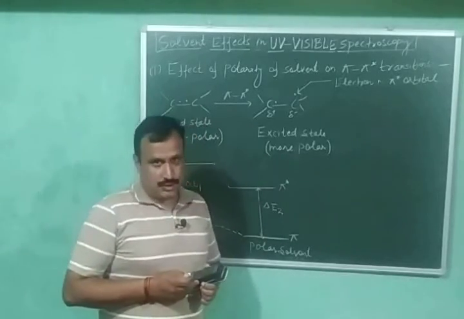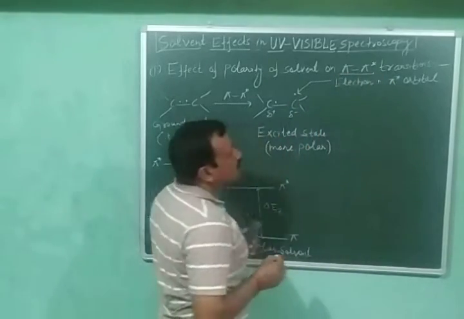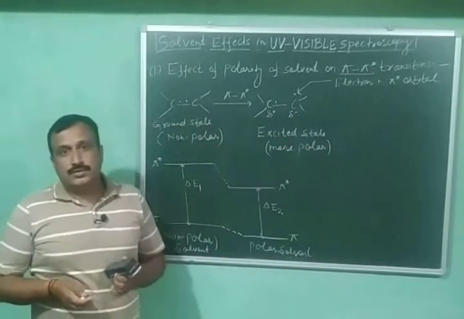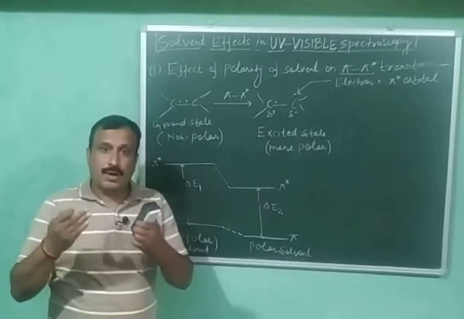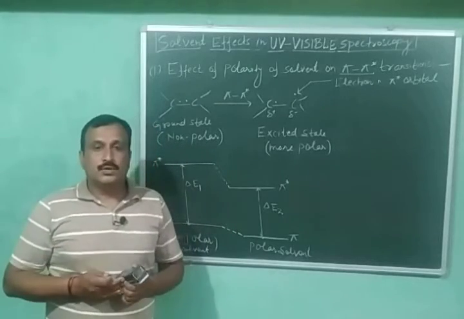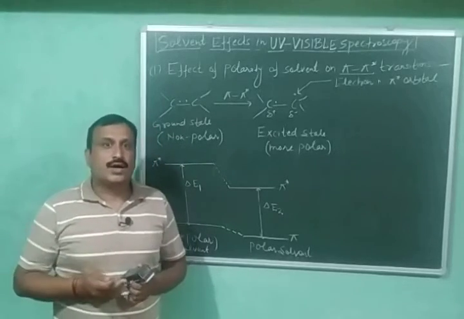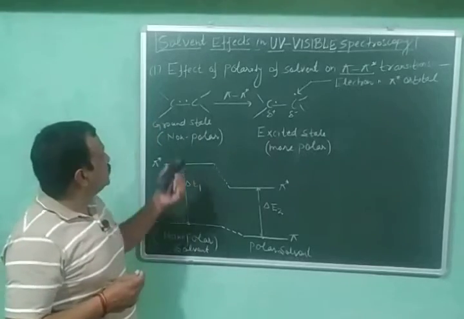So first of all, I am discussing the effect of polarity of solvent on pi to pi star transitions. Okay, and I have told you in my previous videos that these transitions involve the excitation of a pi electron from the bonding molecular orbital to the anti-bonding pi star molecular orbital, and I have represented this transition here.